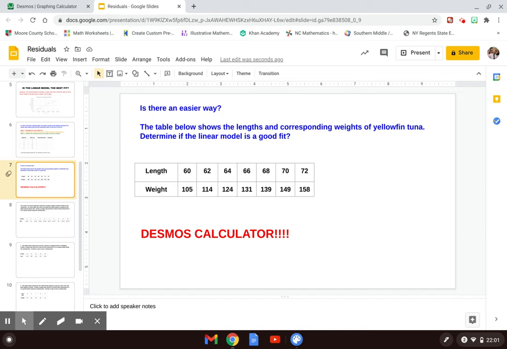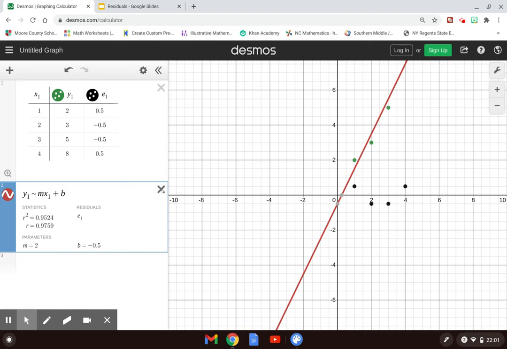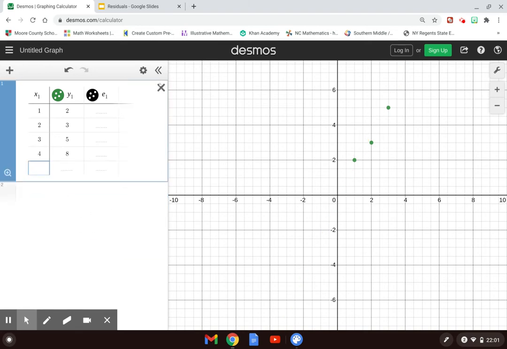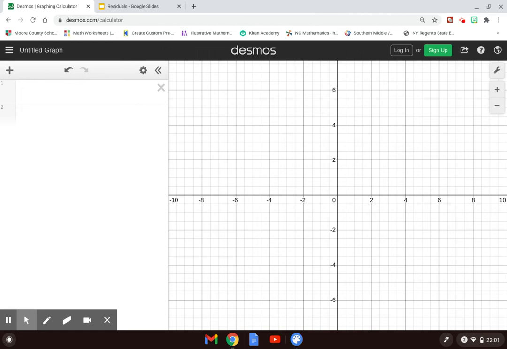Okay, so here's what we'll do for this one: is go ahead and let's clear our calculator. Now let's start again with the data for this yellowfin tuna. Okay, so we have the length of the tuna and we have the weight of the tuna.